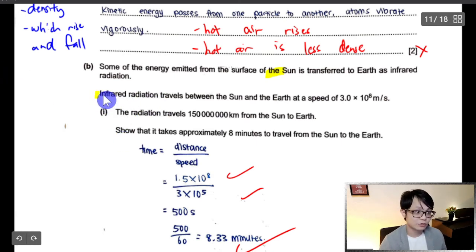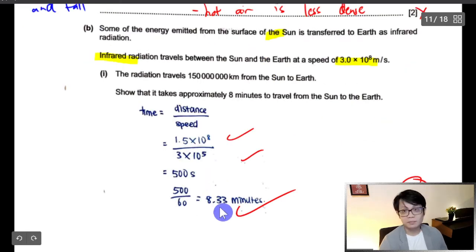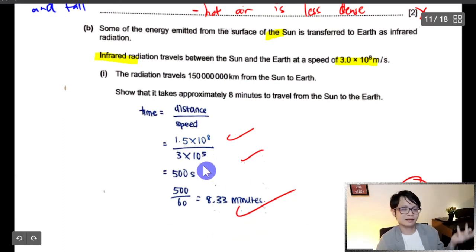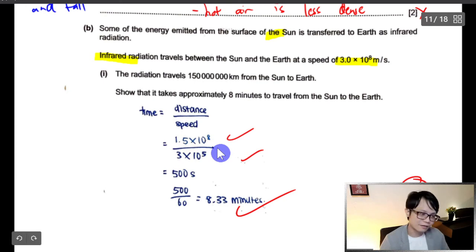The question wants to talk about infrared traveling at the speed of light. So these four rays travel at the speed of light: infrared, UV light, visible light, and I think one more is gamma ray. They all travel at the speed of light, which is 300,000 kilometers per second, and will reach the Earth in around 8.33 minutes. I read some books saying 6 minutes, some books 8.33 minutes, but roughly around that.